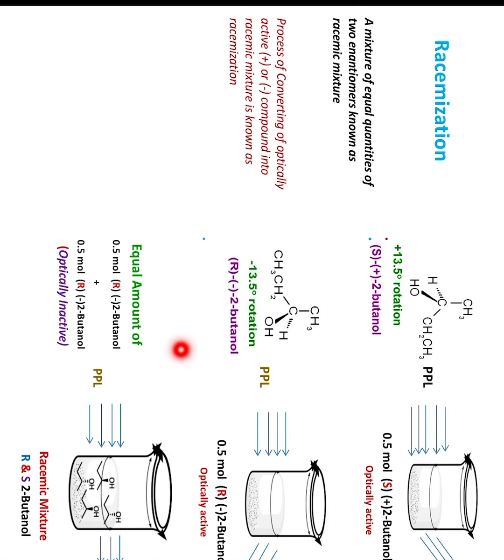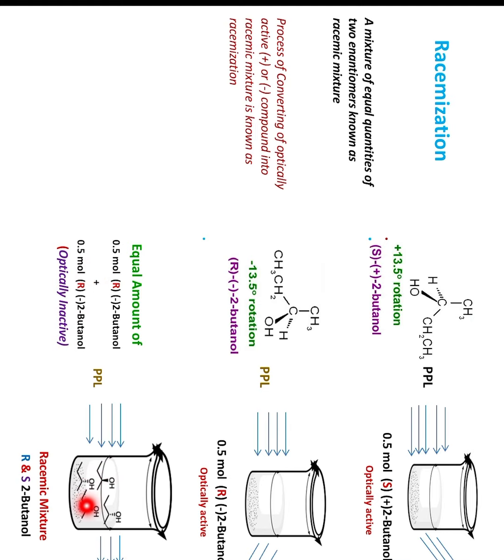But if we take S-2-butanol and R-2-butanol in equimolar amounts in the beaker, and allow the plane polarized light to pass through the solution, then that solution will not deviate or change the direction of the plane polarized light. The light will pass through the solution as it is, because this is an equimolar mixture of R- and S-butanol.